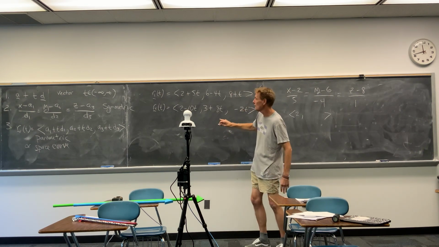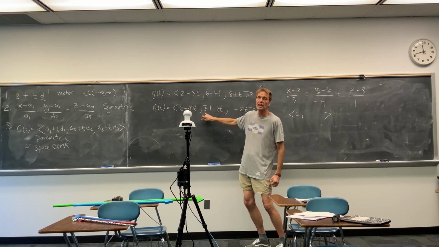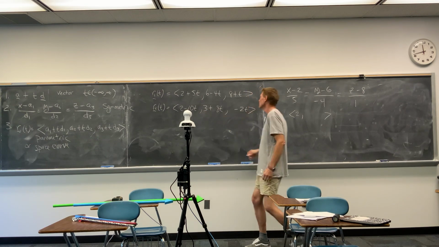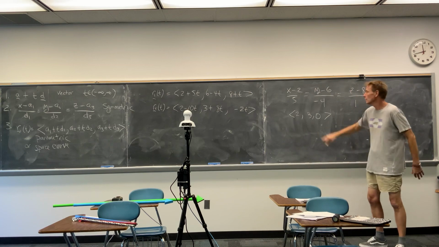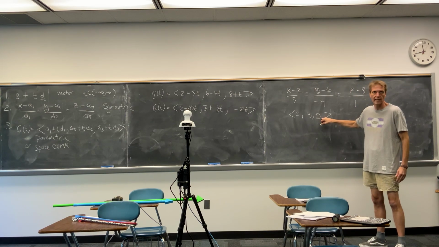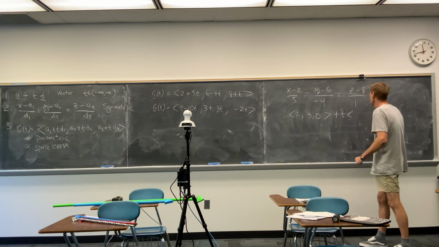Oh, no, the second one, sorry. Then it'd be 2, 3, 0. There's a position vector. It's laying in the xy plane because you're not moving up. Then plus t times your direction vector.